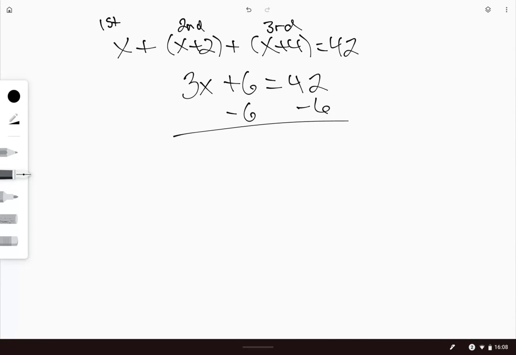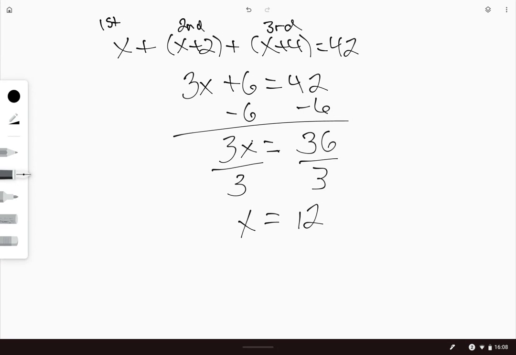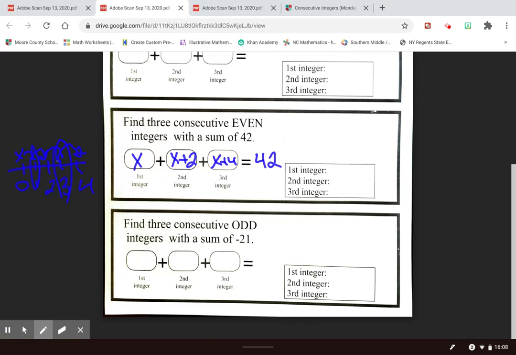So if I subtract 6 from both sides, and so I have x equals 12. So that would mean my first integer is going to be 12. Now for my second integer, that's going to be x plus 2.